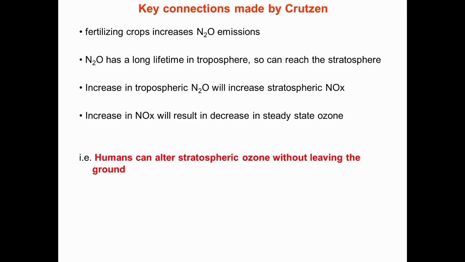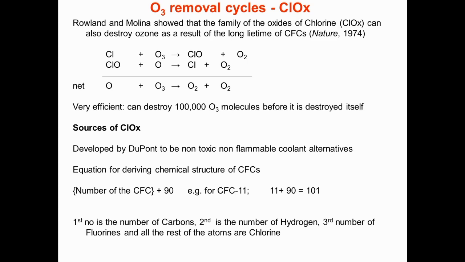But then came the really big bombshell, which was the ClOx cycle. So we understood already from the NOx cycle that human activity at the ground could affect the stratosphere. But there were still these ozone depletion observations to explain that couldn't be explained just by the HOx and the NOx cycle.